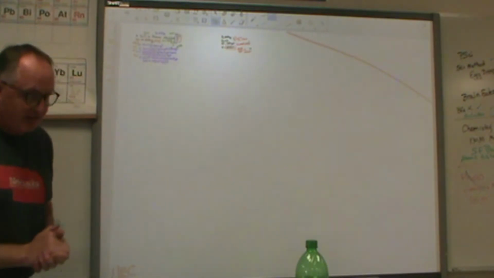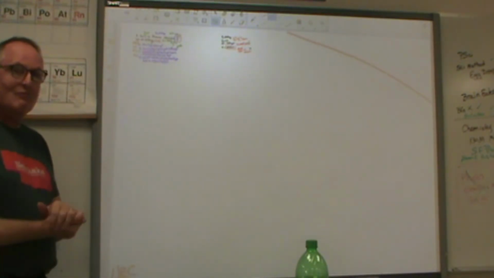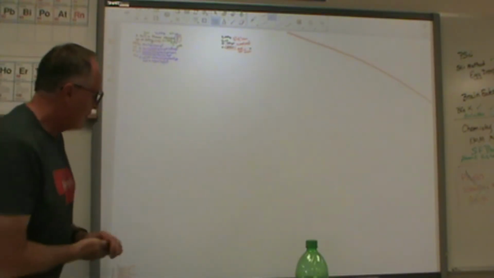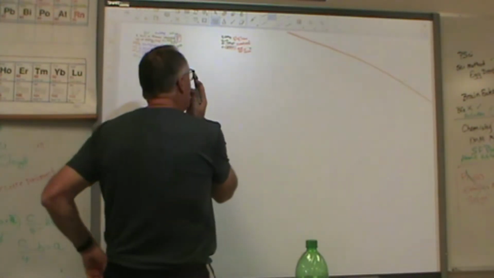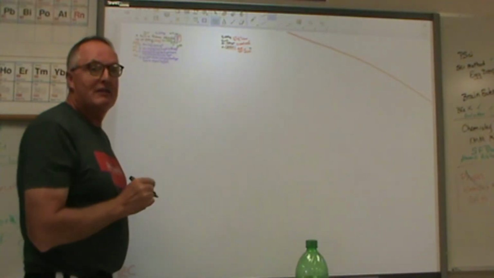All right, what did you get for an answer? I got 25.8 seconds. Did you get that? I did. So what formula did you use?